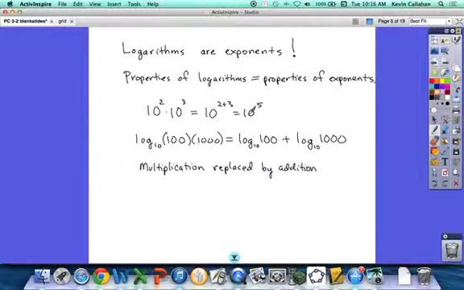Well, it works similarly with logarithms, right? Log base 10 of 100 times 1,000 can be split up into the log of 100 plus the log of 1,000, right? So we're able to use logarithms because they have the same kind of properties as exponents. We're able to turn a multiplication problem into an addition problem. And that's where logarithms had their start, right?